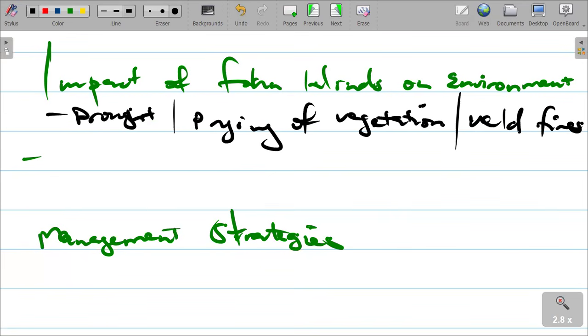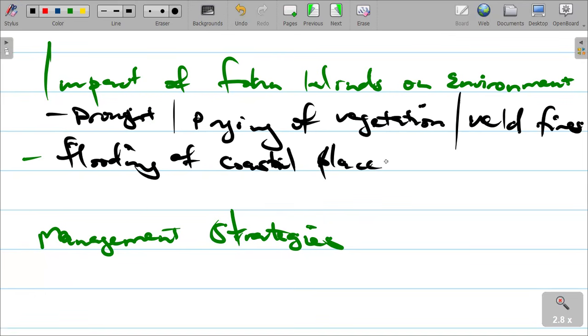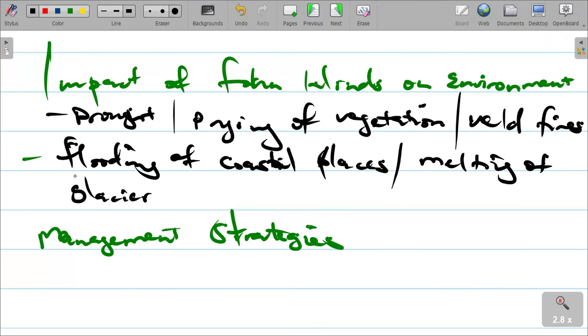So flooding of coastal places can also be another problem that is caused by the melting of glaciers. That also has to be taken note of.